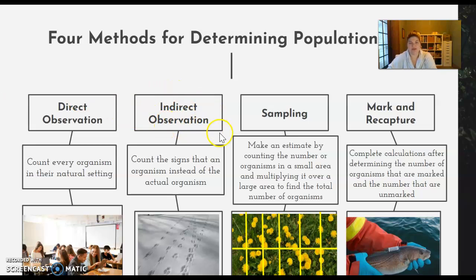Indirect observation, so instead of counting the actual organism, we're counting signs that the organism was there. So maybe we're looking for tracks in the snow, or if we want to continue with the classroom example, maybe you all went to lunch for the split period, and you left your book bags in the classroom, which I don't think is something we're going to be doing.